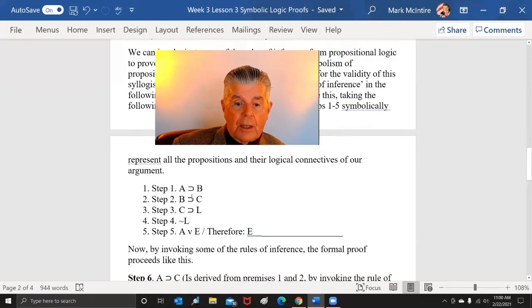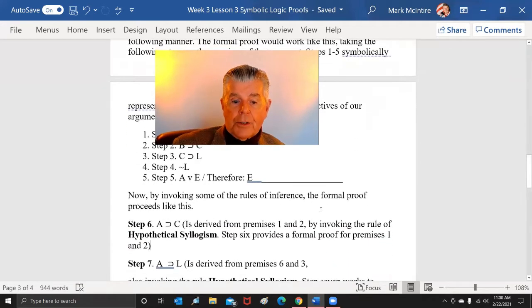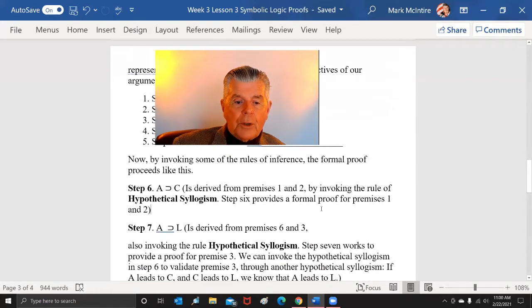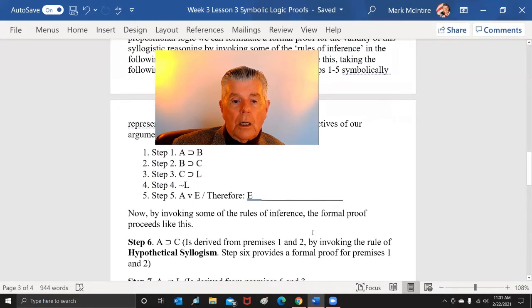So if A, then B, if B, then C, that means that if A, then C. That's what a hypothetical syllogism does. Now that we have that, we move on to step 7. Step 7 is that we can derive, if A is the case, then not L is the case. How do we do that? Well, from premise 6, the one we just did, and premise number 3. What's premise number 3?